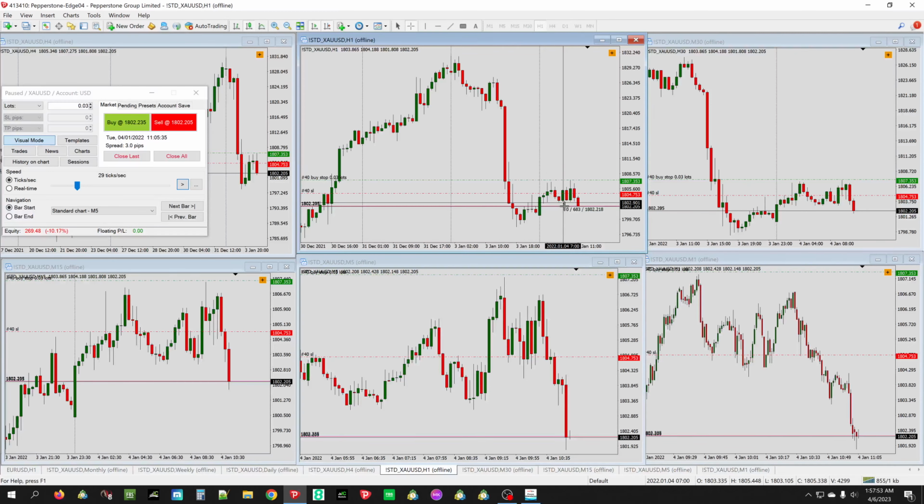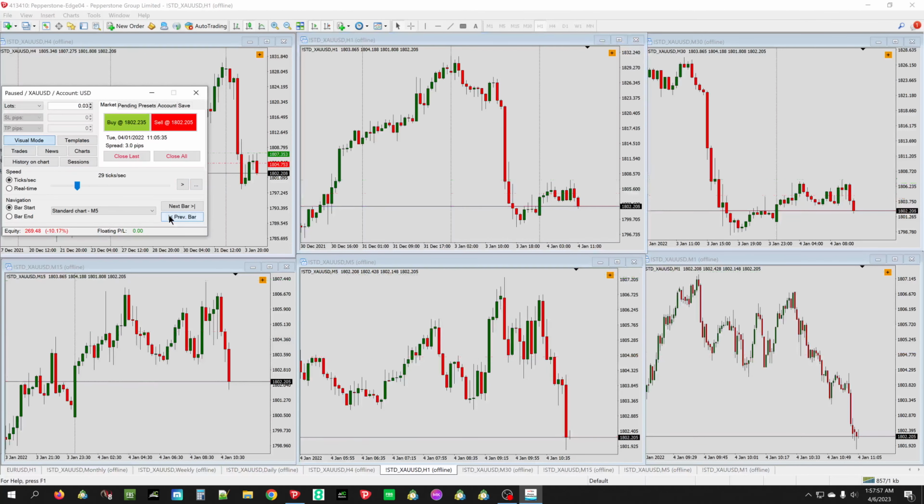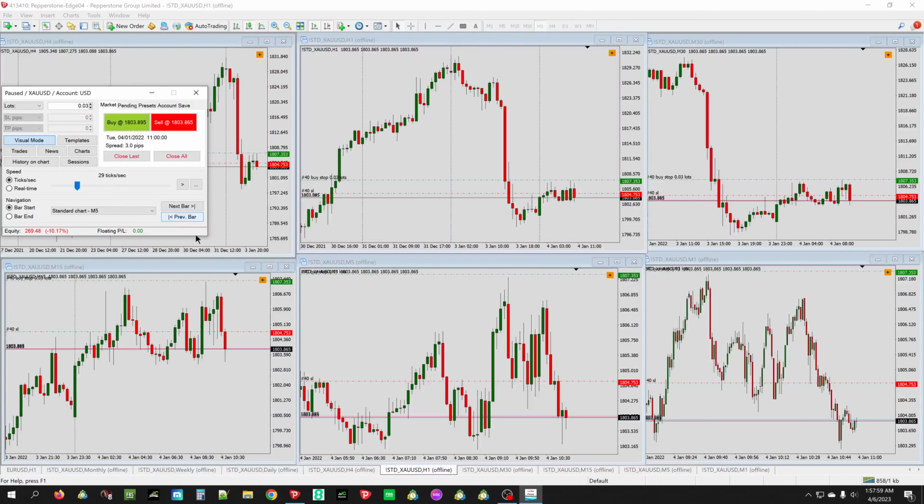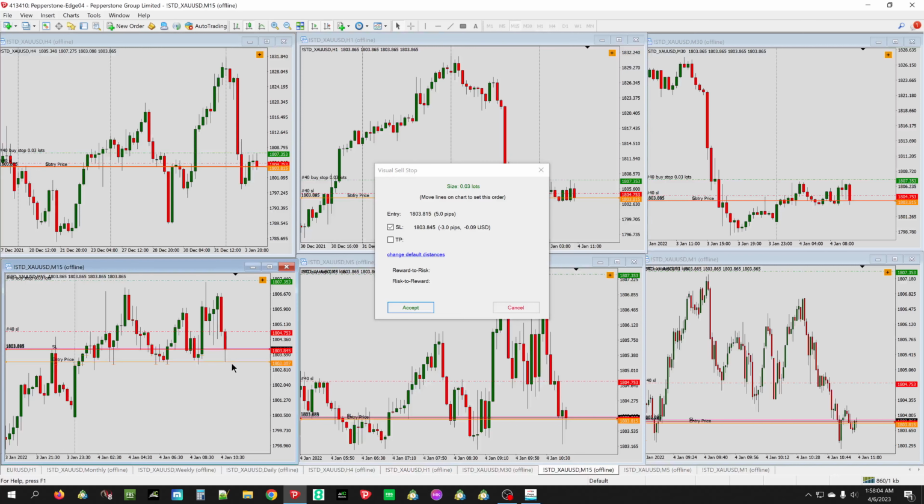Potentially there wasn't any confirmation other than the fact that if we break below this area we can continue pushing down.